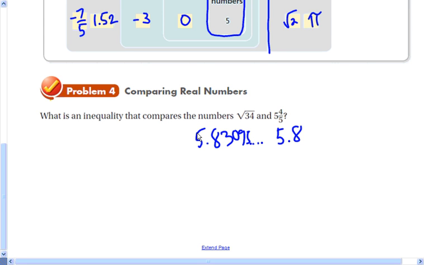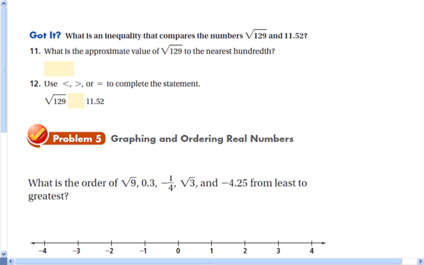That's an irrational number. But if we compare, this terminates at 8, and this has numbers beyond that. So that means the square root of 34 is a little bit bigger, so we're going to say the square root of 34 is greater than 5 4/5.